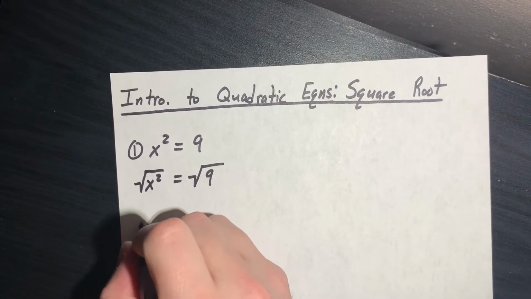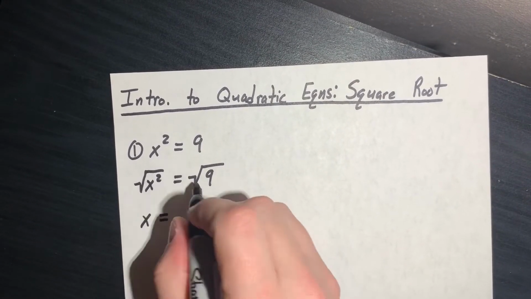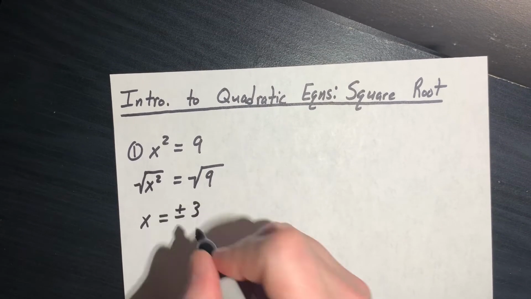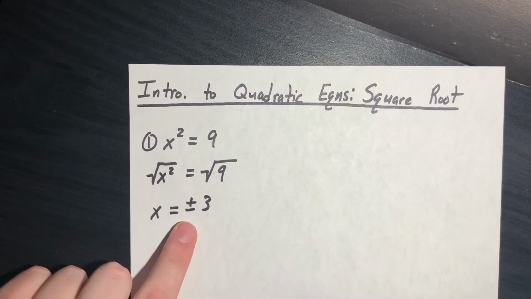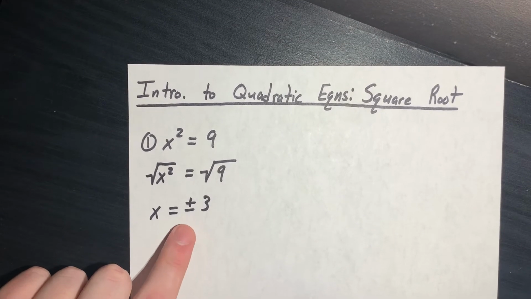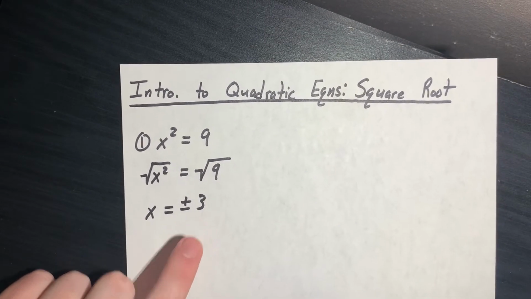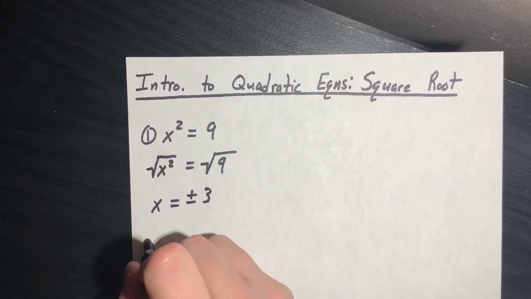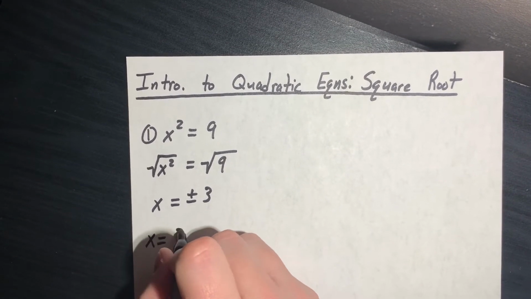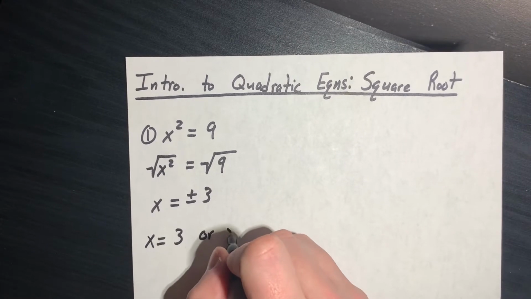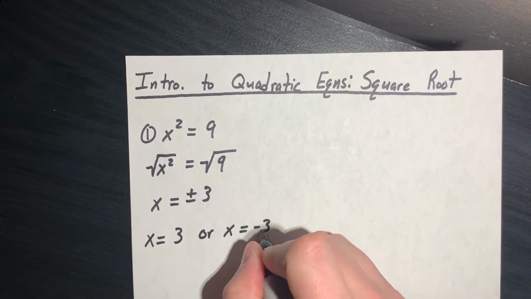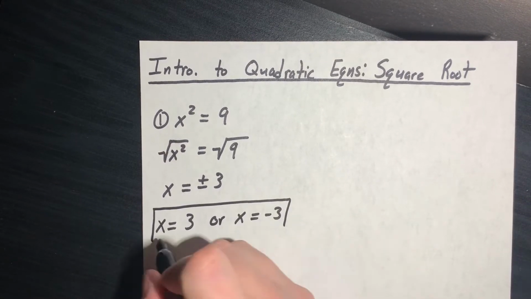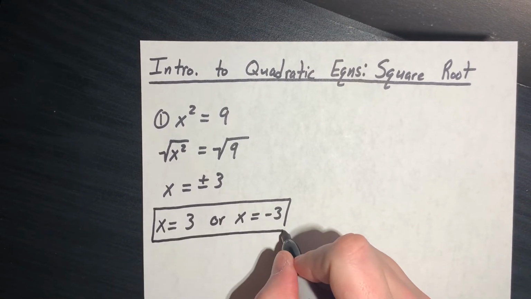That will come out to be x equals plus or minus 3. Notice I have both a plus and a minus sign in front of this 3. I'll show you the reason for that in just a second. The proper way to write this is x equals 3 or x equals negative 3. That will be the solution to this equation.